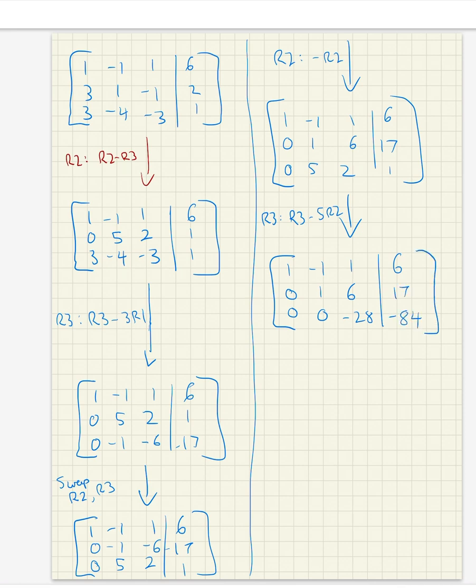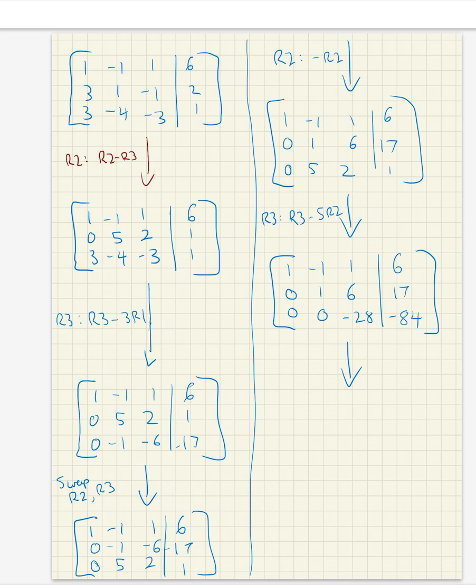Okay, all right. So next step is now that I've got those zeros, I just want to make this bottom right hand corner a 1. And so to do that, the good news is that 28 goes into 84.